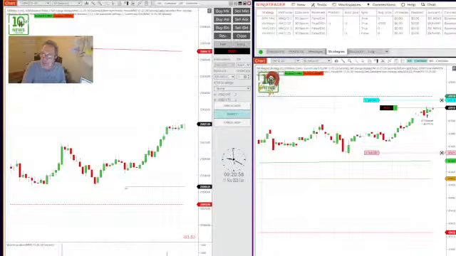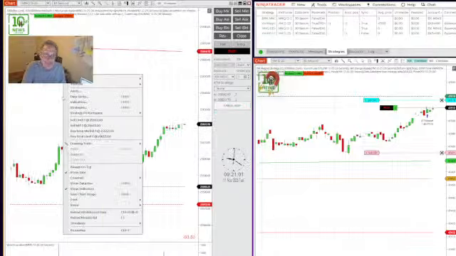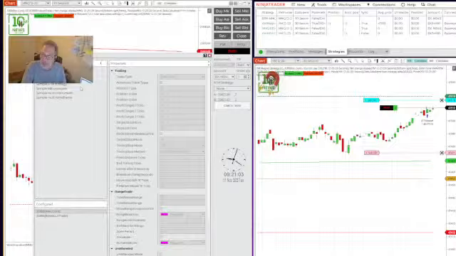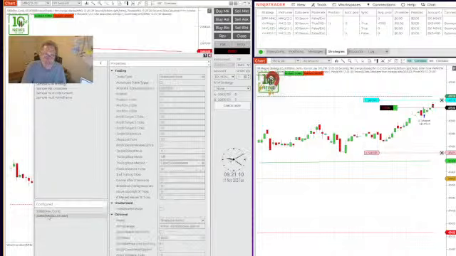One more time on the MNQ breakout. Right click the chart, click on strategies, double click news trader. Trade type is breakout trade. 9:29:59, bracket of 30.